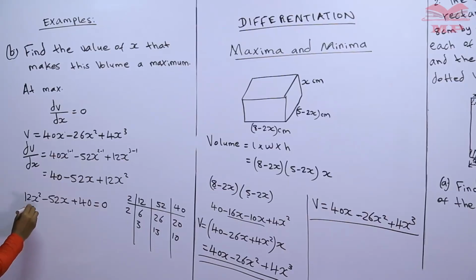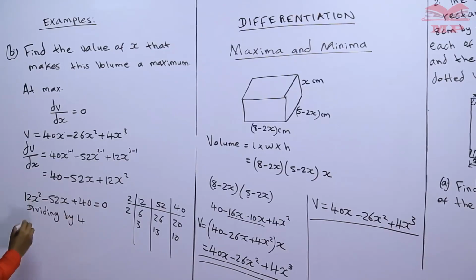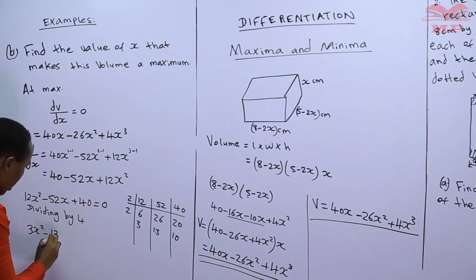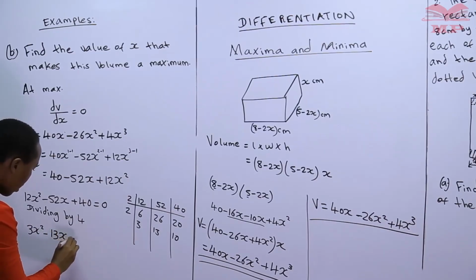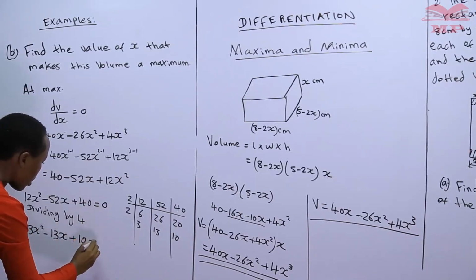So we're dividing by 4 all through. We are going to get 3x squared, minus 52 divided by 4, that is 13x, then plus 40 divided by 4, that is 10. 0 divided by 4 is 0.